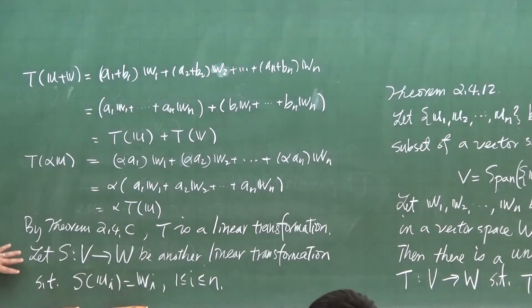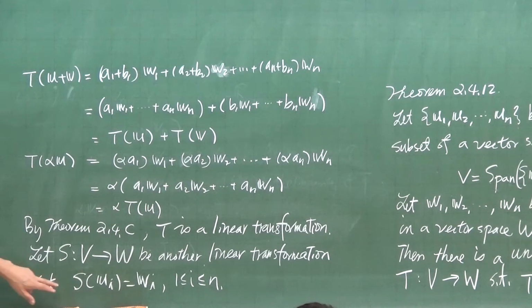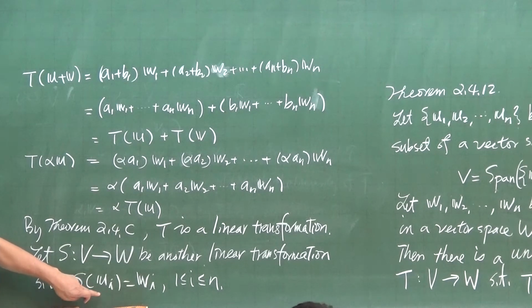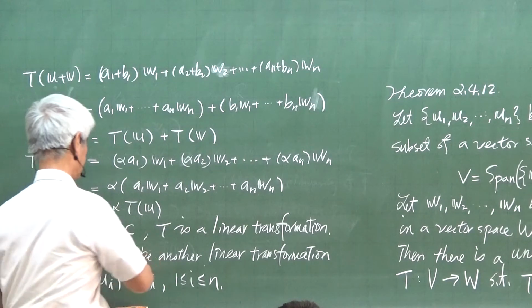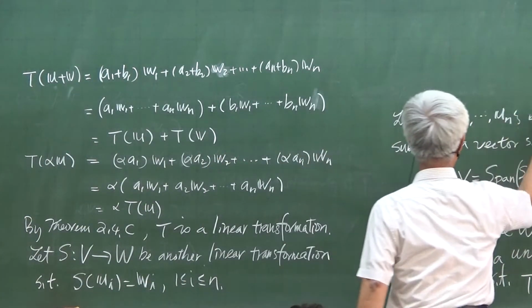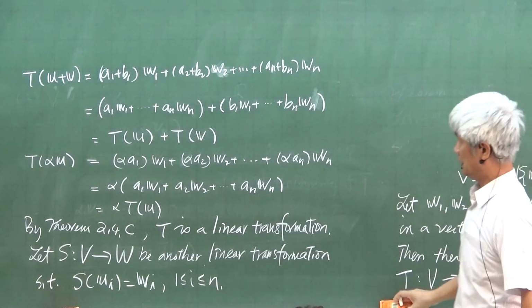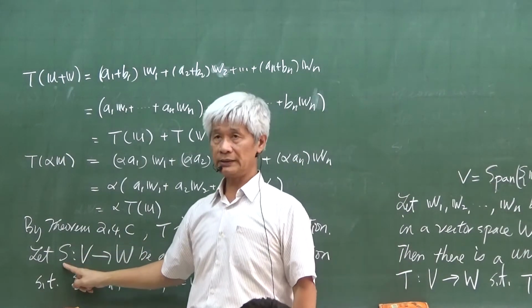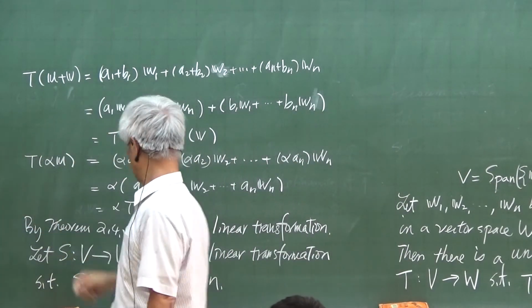So suppose we have another linear transformation satisfying our specification. Then we need to show that this function S is actually equal to the function T.